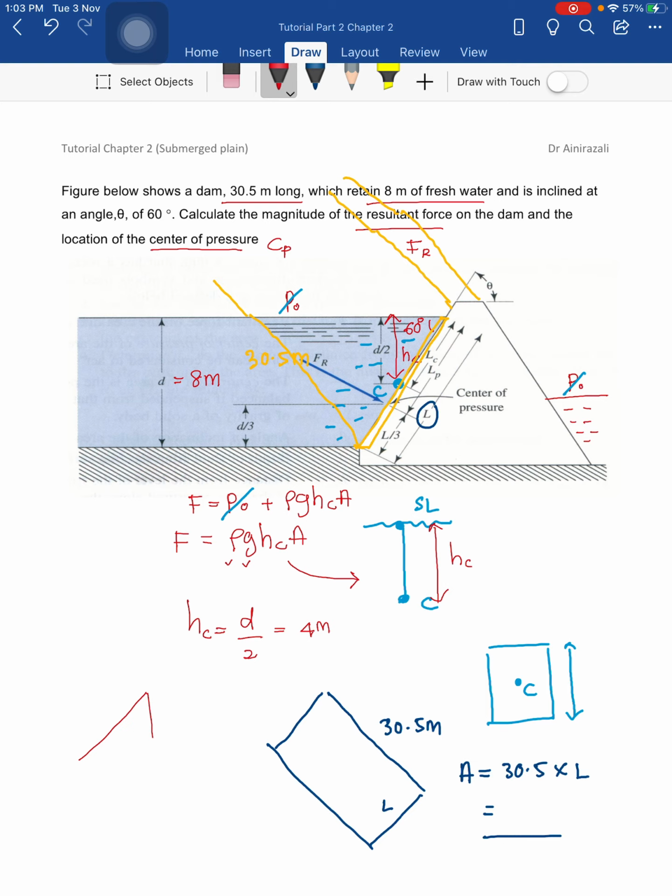This is your 8 meter, and this is your 60 degree angle.